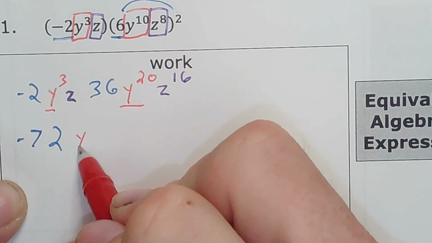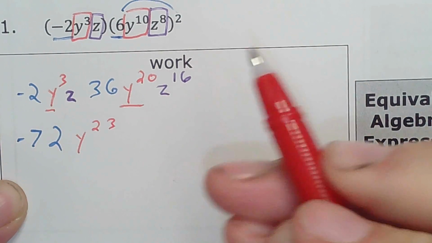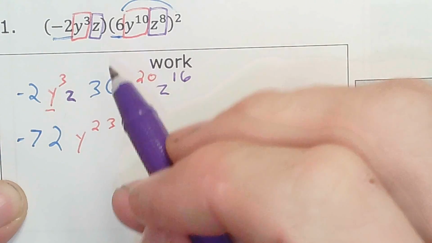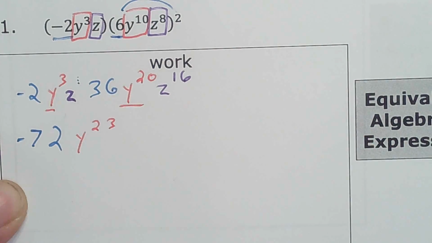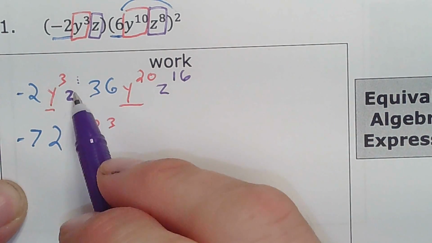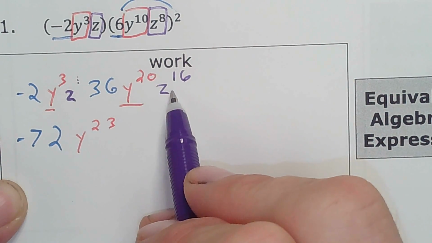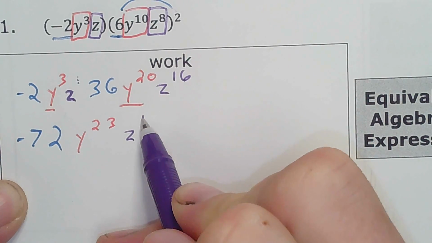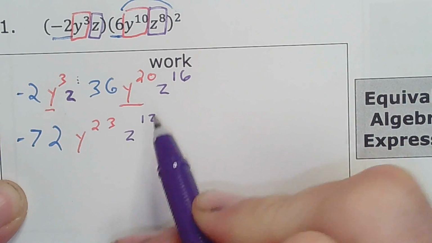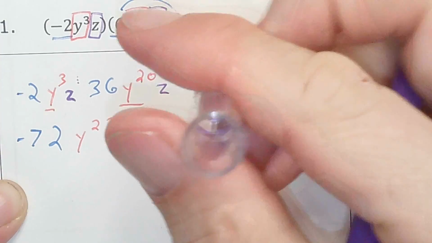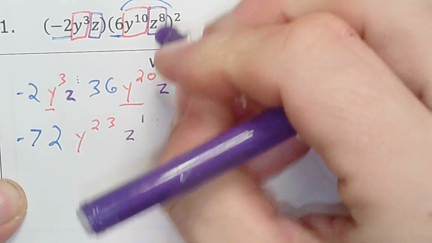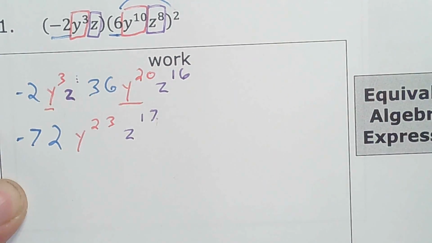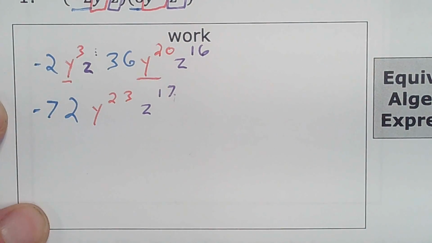So this is y to the 23rd, and then you add, this is an invisible 1, remember that, it's an invisible 1 when the exponent's not shown, right? So this is z times z to the 16th, so you add the exponents, this is z to the 17th, and there is our answer for that one.